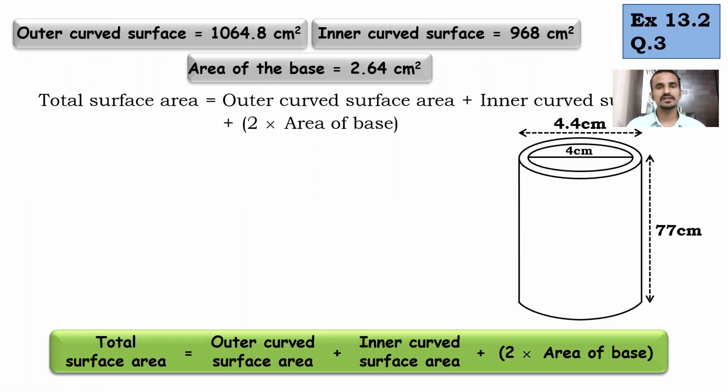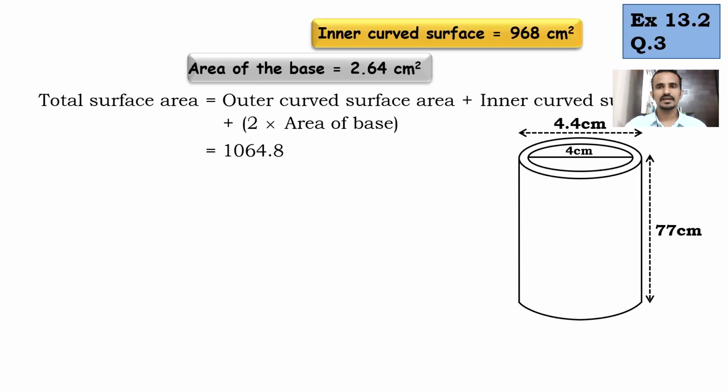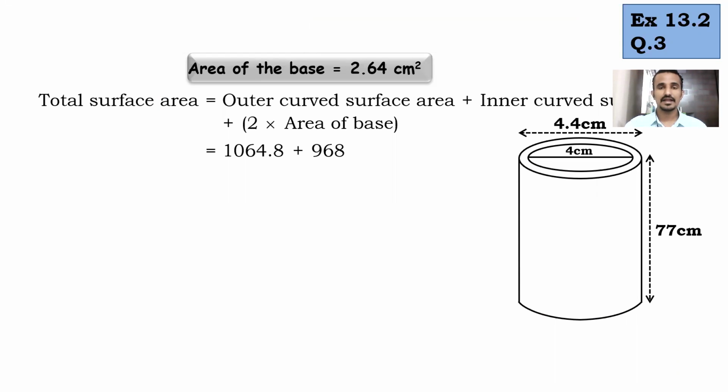So we have all the numbers. Outer curved surface area we calculated as 1064.8. Inner curved surface area we calculated as 968. Area of the base was 2.64, but it should be multiplied by 2.